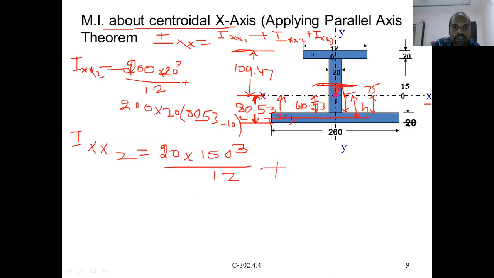Plus you have to transfer the moment of inertia from this axis to this one. That is the parallel axis theorem, also called the transfer axis theorem. So how to calculate? Calculate the product: 20 into 150, area, into the distance between these two, that is 75 minus 60.53.